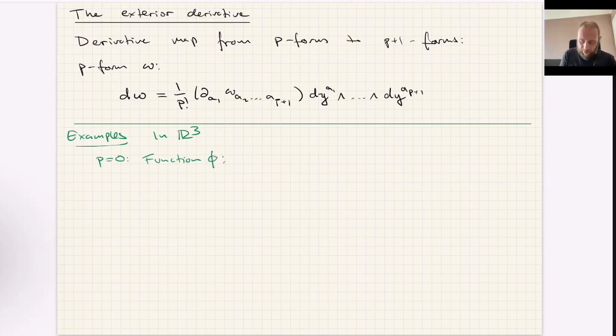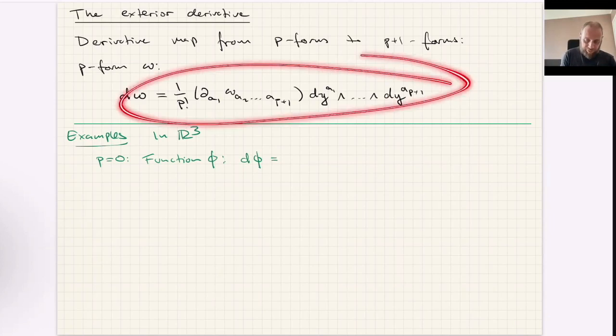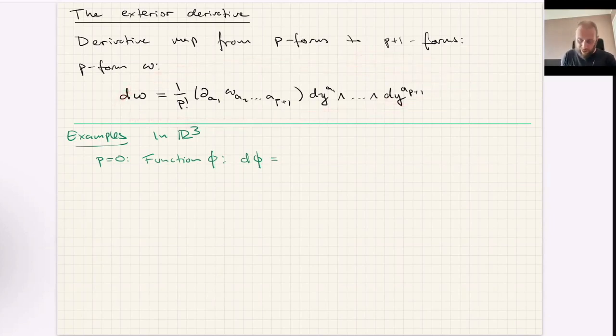Then d phi, according to this definition, is just d_A phi dy^A. And this you recognize now. This is just a differential that we have been discussing before.